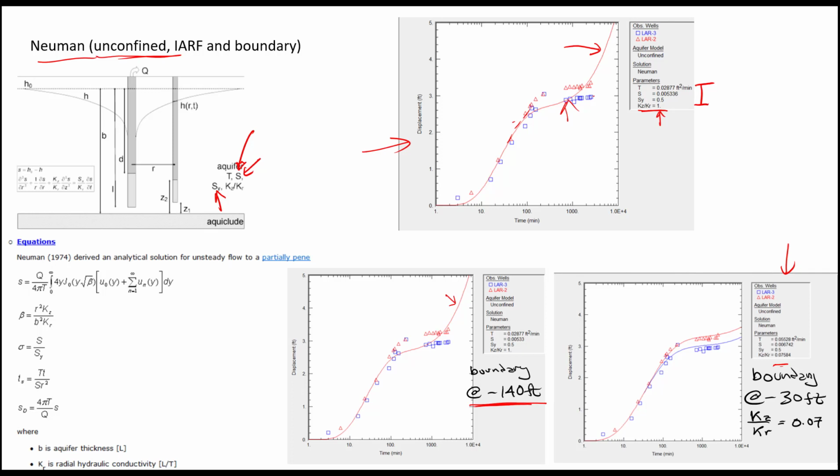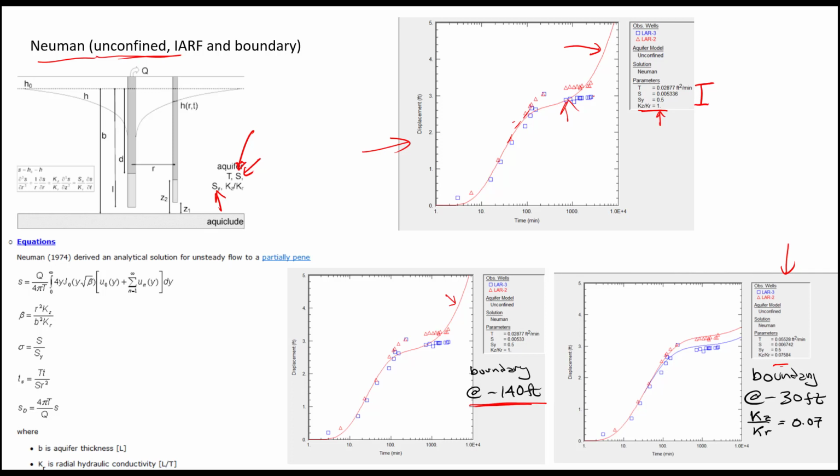Now, what's going to happen is the pressure wave will propagate more slowly through the unconfined aquifer than through the confined aquifer. So it's going to take even longer to get over to the boundary for the unconfined case than it does for the confined case. So that kind of makes sense.